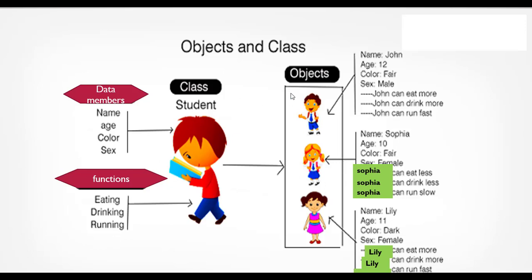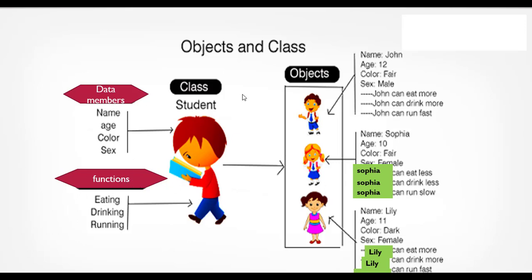I already told you that an object or a class will consist of data members and functions. The data members are the characteristics of a student, or the behavior of a student. The similar characteristics of the students are called data members. And the functions, that is how they behave: they eat, they drink, they run. All these are the behavior of the student, the functions of the student.